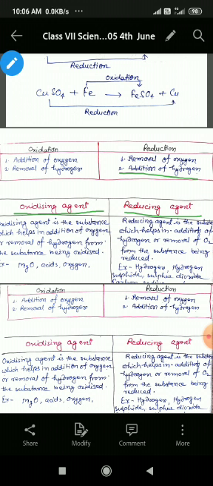Examples: magnesium oxide, acid, and oxygen are oxidizing agents. Whereas a reducing agent is the substance which helps in addition of hydrogen or removal of oxygen from the substance being reduced. Examples of reducing agents are hydrogen, hydrogen sulfide, sulfur dioxide, and carbon dioxide.